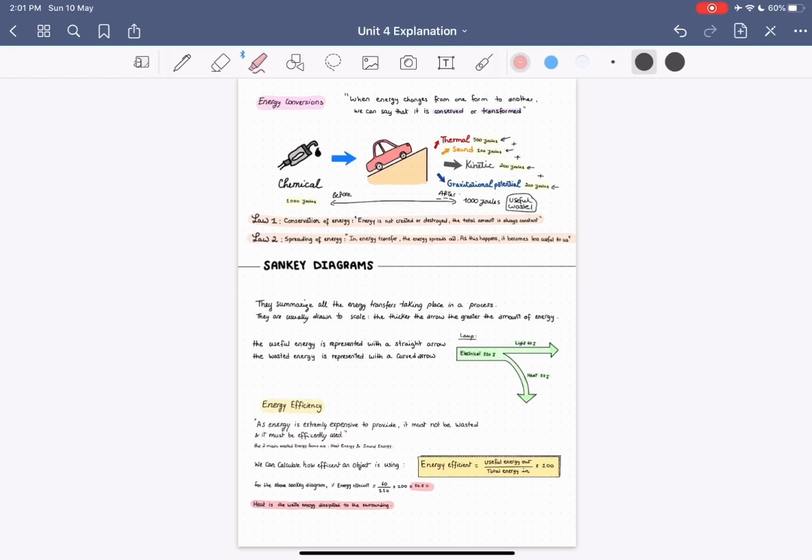So this is why it's better to always buy the devices with a better efficiency, and this is why they would be more expensive. But after all, you're saving money because you're using the same electrical energy and converting it to the energy needed for the device that you bought, because we don't want light or sound when we buy a kettle. We just want to heat up water.